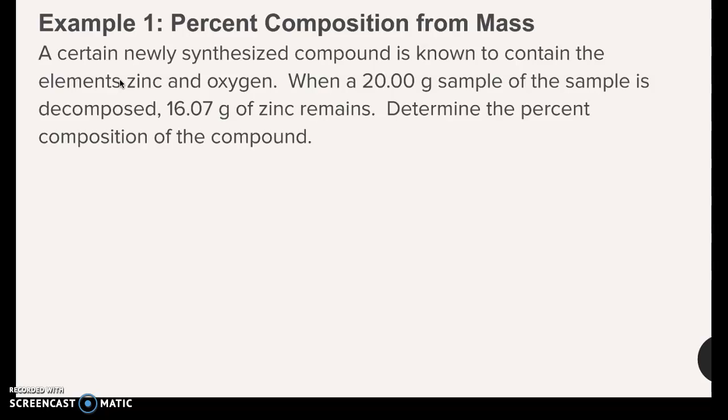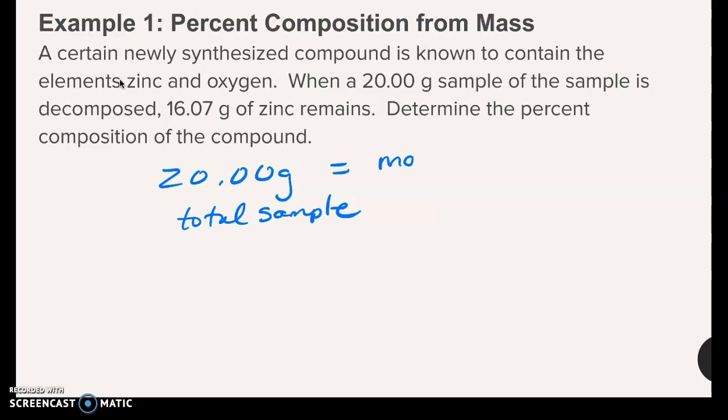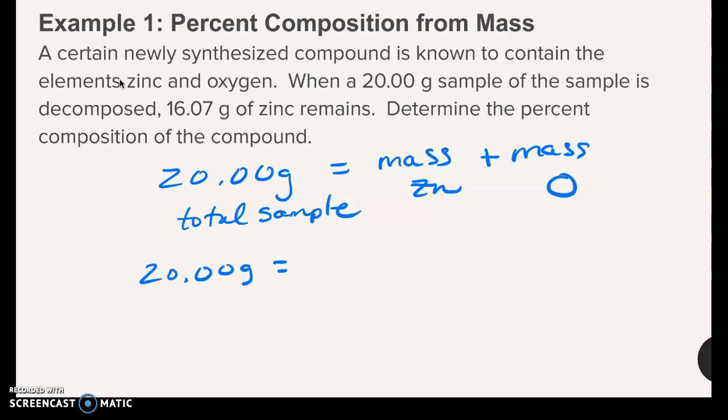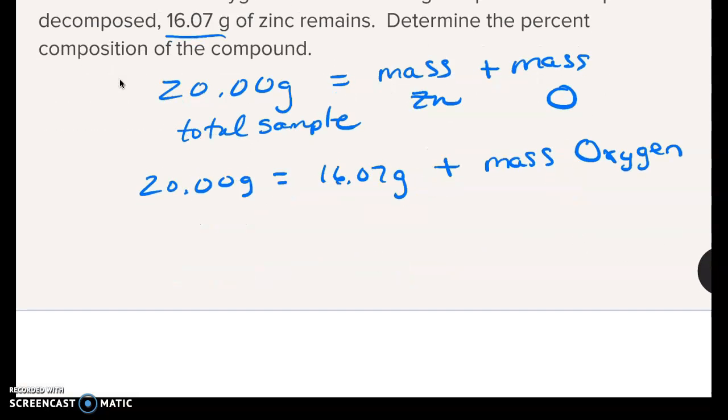So here's an example where we have a compound that's made up of zinc and oxygen. It's a 20 gram sample. That's the total sample mass, and that's going to equal the mass of the zinc plus the mass of the oxygen. In the question they tell me that I have 16.07 grams of zinc, so I can calculate my mass of oxygen by just subtracting.